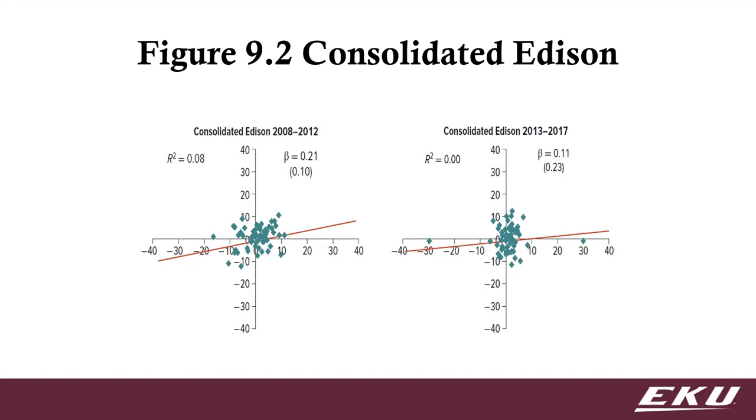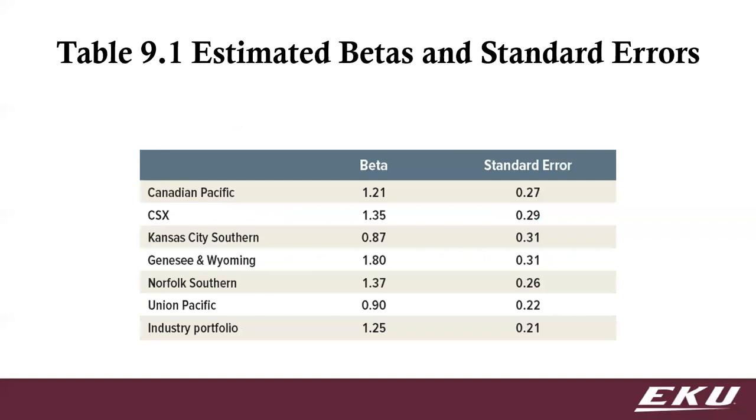And the slope shows you basically the riskiness, how sensitive you are as you're adding more and more risk for your returns. And it's just to show some examples of estimated betas for firms and then the standard error around that.